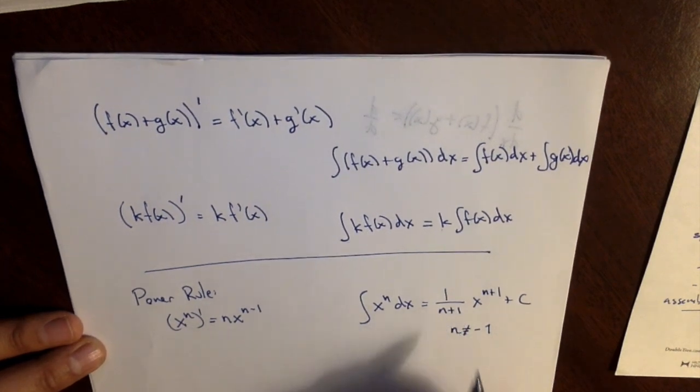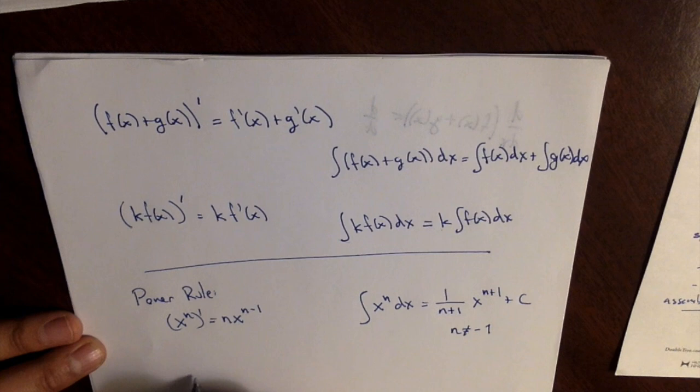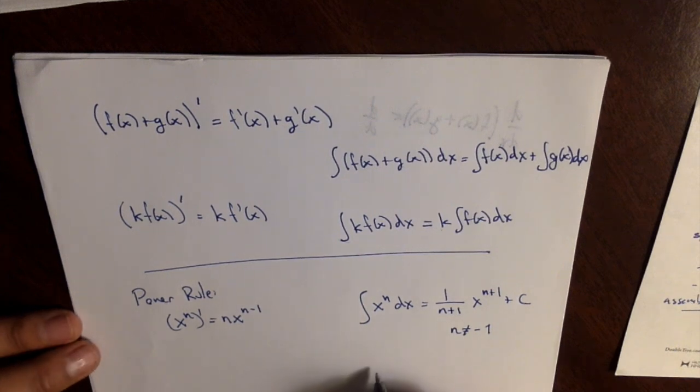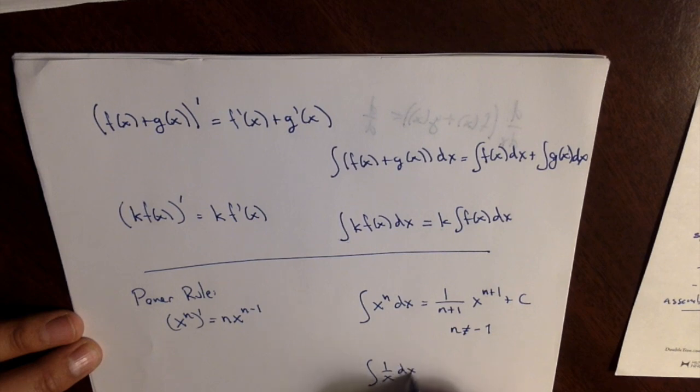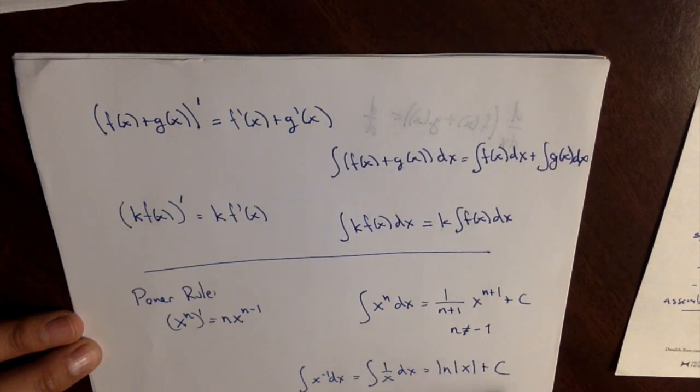In the case where n is equal to negative 1, then we're talking about the integral of 1 over x dx, that's x to the minus 1. And of course we know, just from experience, that that's the natural log of x plus c.